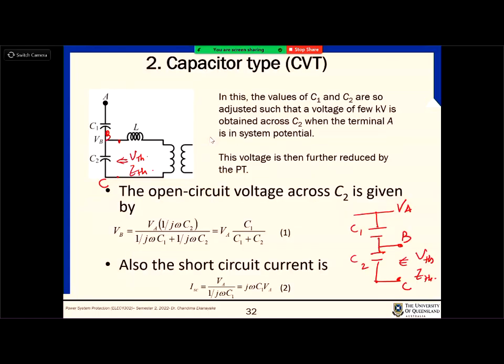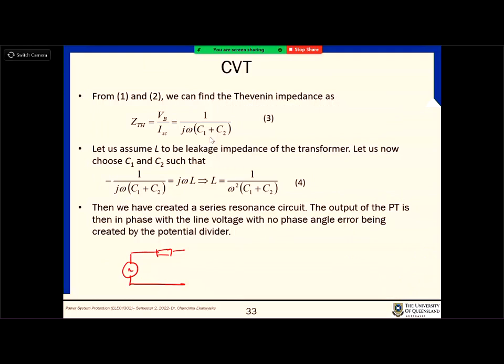Once you have the Thevenin equivalent impedance, then we can represent this whole system like this, and if you go back, the rest is the inductor and transformer here. This one is ZTH and this is VTH.